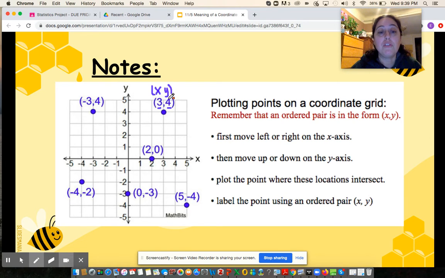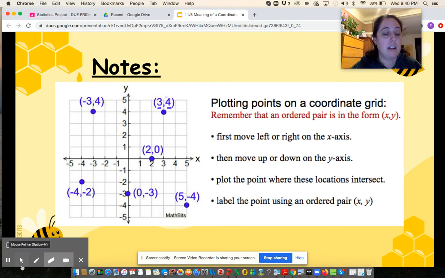These two numbers tell me how much I go right or left on my X axis, and then how much I go up or down. So the first number, right and left; the second number, how high up or how far down. Okay, so that is pretty much review.